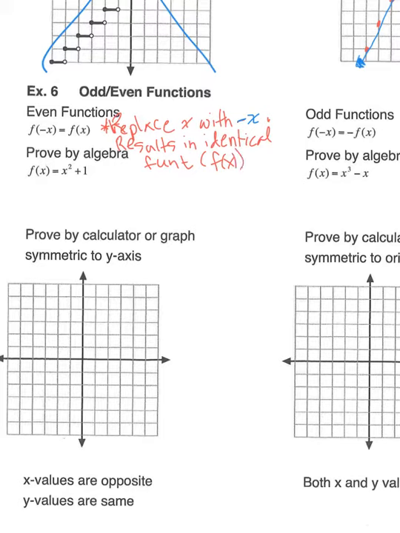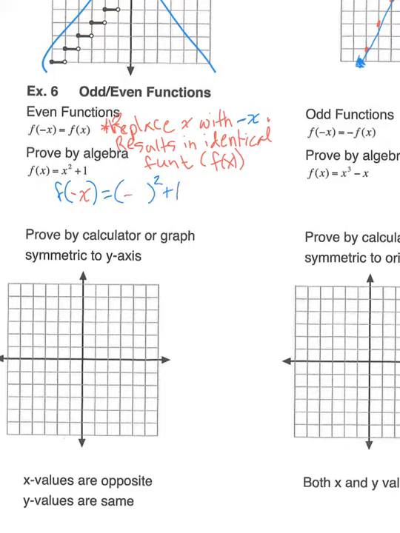So let's look at this function right here. If I replace x with a negative x, what do I get? So if I have f of negative x, that equals something squared plus 1.